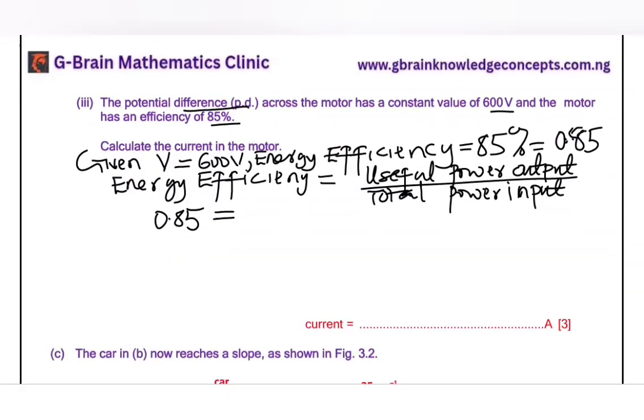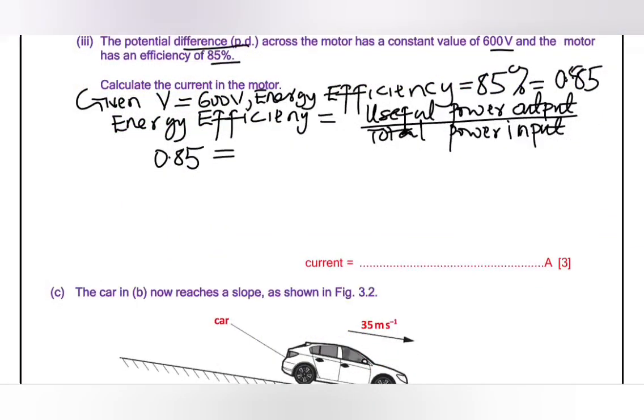We're going to substitute that here as our useful power output, 61,250, divided by the total power input. And the total power input will be equal to I times V, from the definition of power.